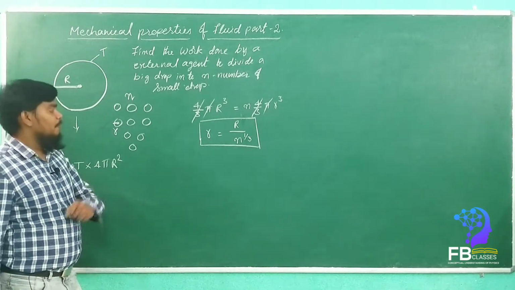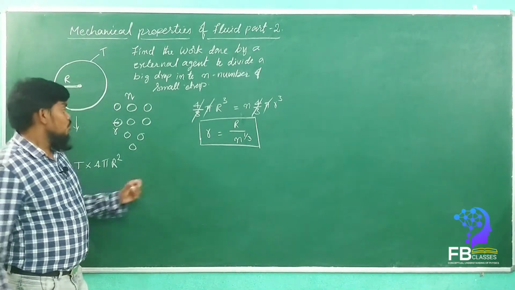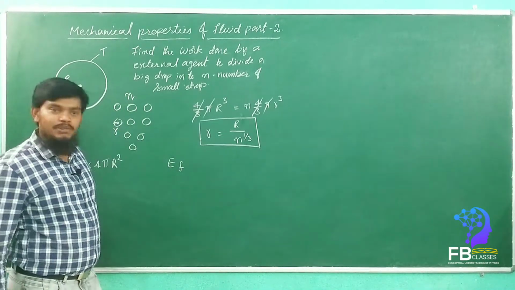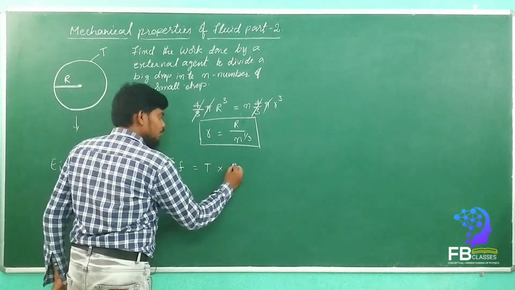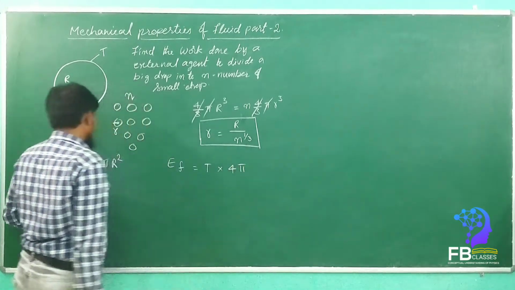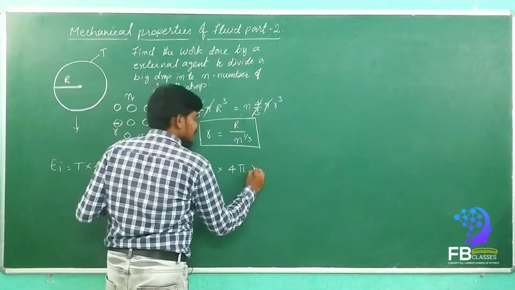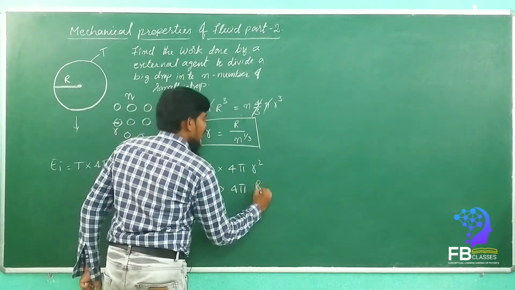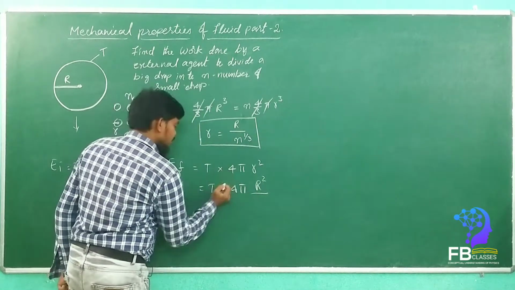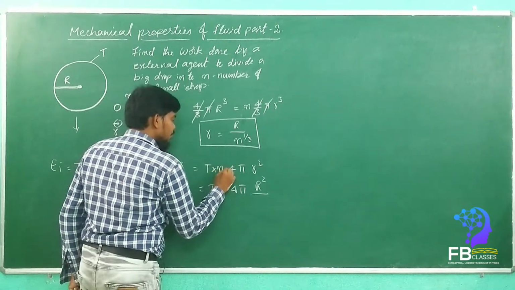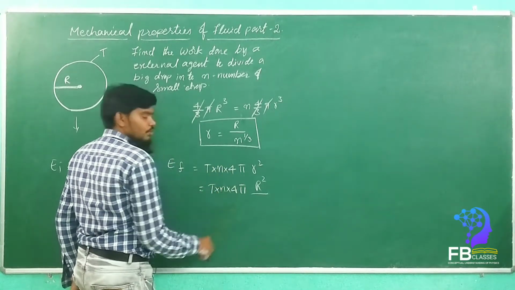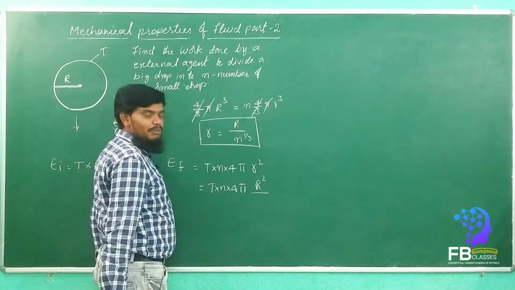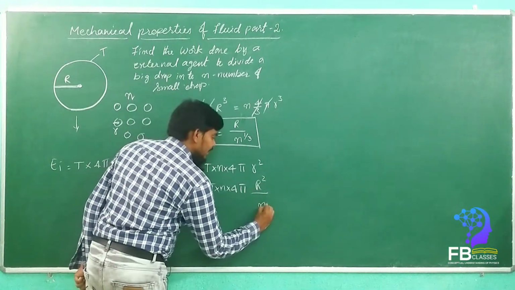Now, the final energy of the total small drops is surface tension into 4 pi r square, where r is the small r. That is T into n into 4 pi, with small r square equal to R square upon n power 2 by 3.